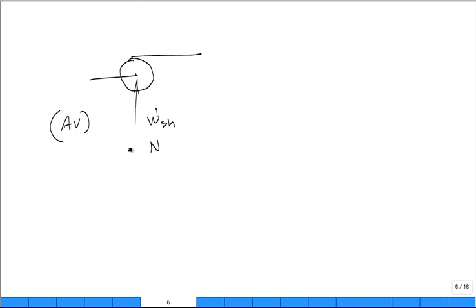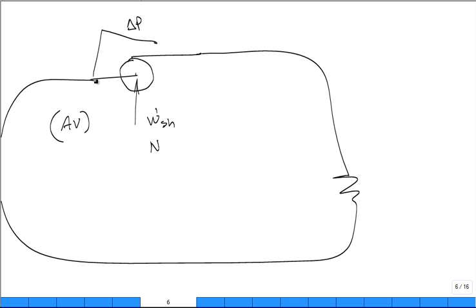But it doesn't take much to move it away from the best efficiency point, because at that best efficiency point it's generating a delta P across it, and you match that with the system in the loop, because it's typically pushing it in a loop. Okay, so it has some resistance, there's some delta P loss over here. But all you have to do is start changing the head loss.